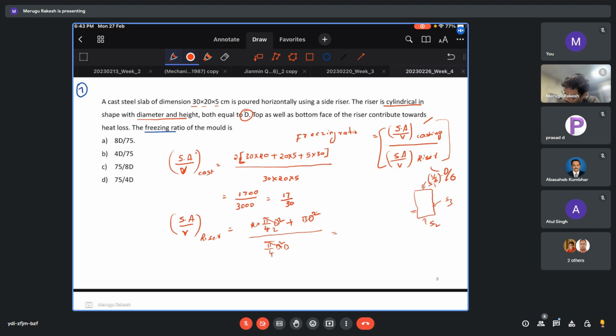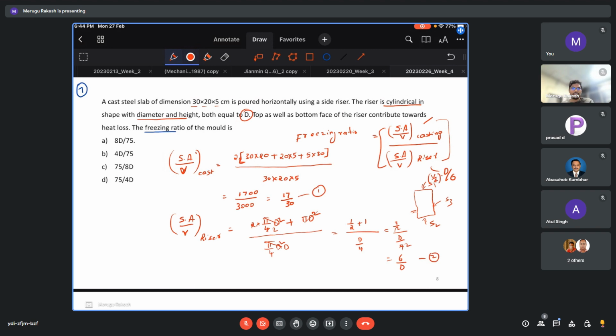So in the numerator we have 1 by 2 plus 1 divided by, in the numerator we have d by 4. So we'll get 3 by 2 by d by 4, 6 by d. Okay, so this is equation 1 and this is equation 2.